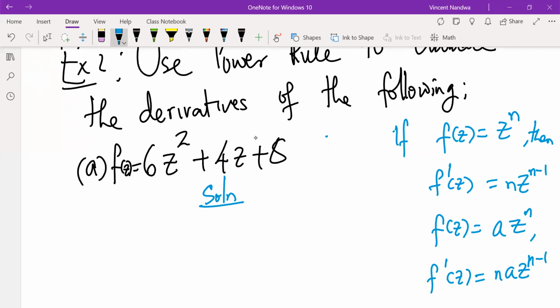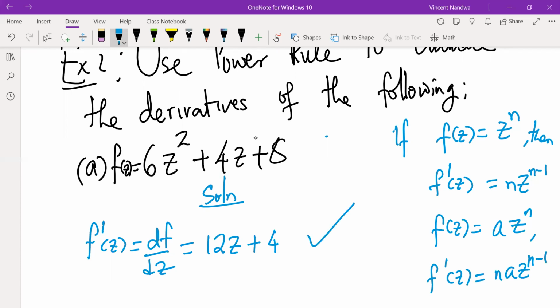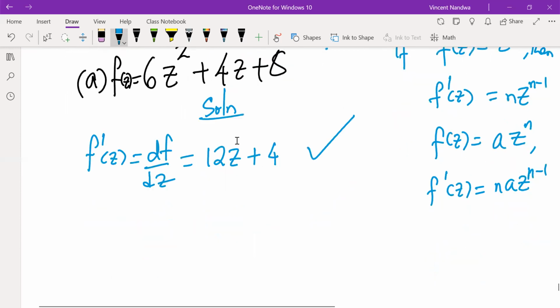So here, f prime of z, which is df/dz, will be 2 times 6, which is 12z, plus 1 times 4, which is 4, and then 1 minus 1 is 0, z power 0 is 1. So this will be 4. Derivative of a constant is 0. So this will be the solution.